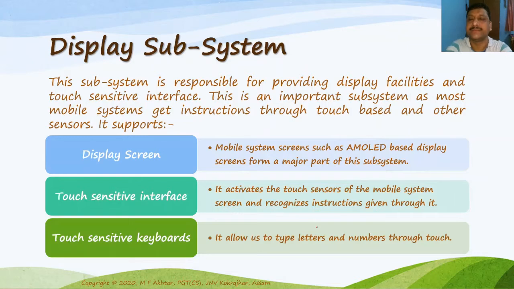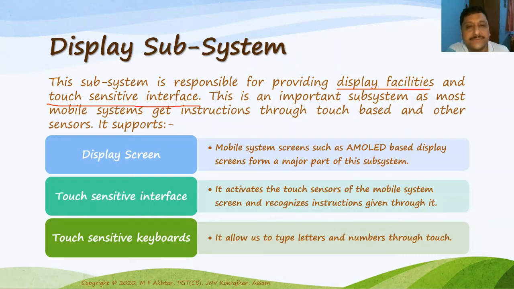Now see, the display subsystem. This subsystem is responsible for providing display facilities and touch sensitive information. All the videos, all the camera, all the menus, everything is displayed on the display subsystem. It is also incorporated with the touch sensitive interface.